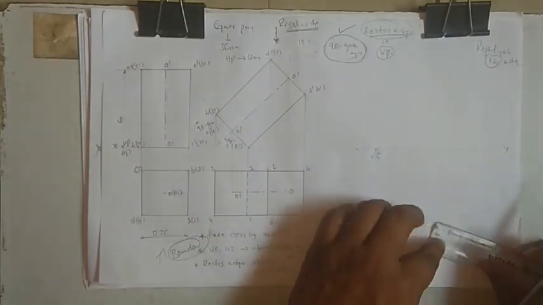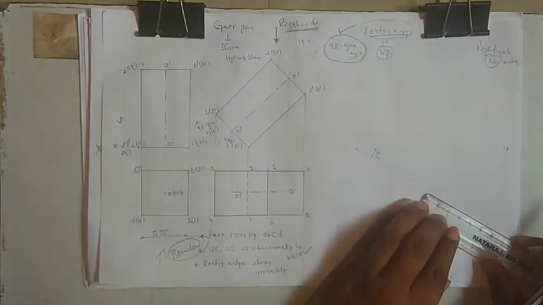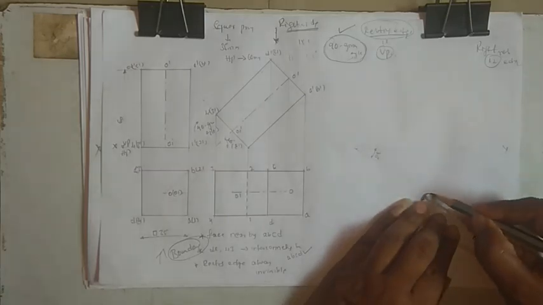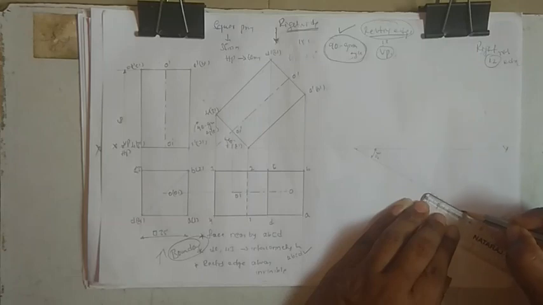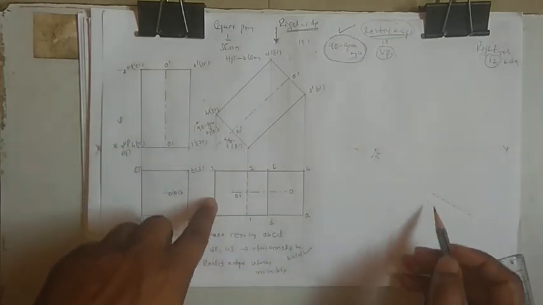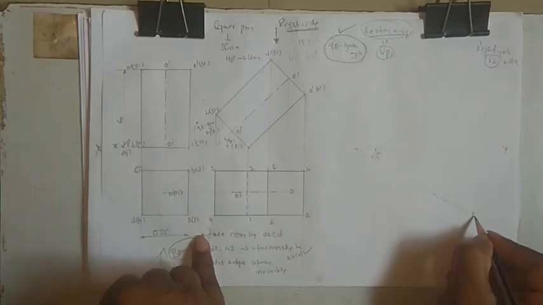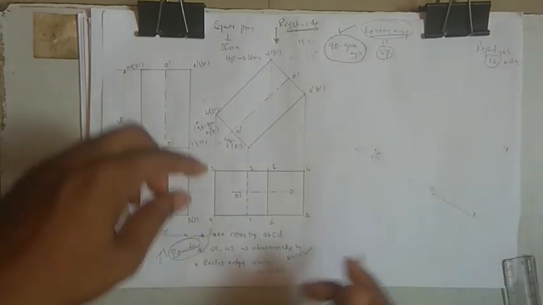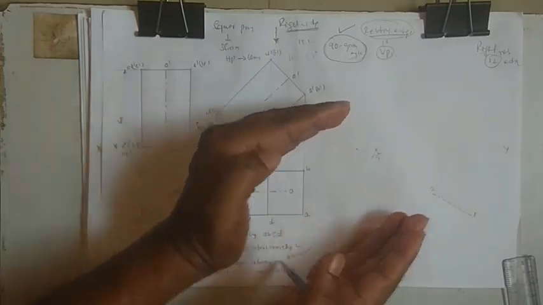Just take it anywhere here, well below the xy line. Just make sure that it will not touch. So we'll take it here and place it, 1 and 2 will come here, just like this. We'll take and place it like this.